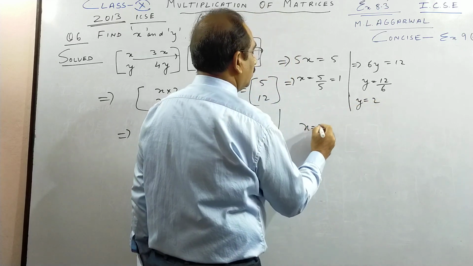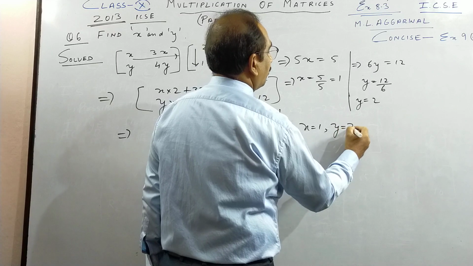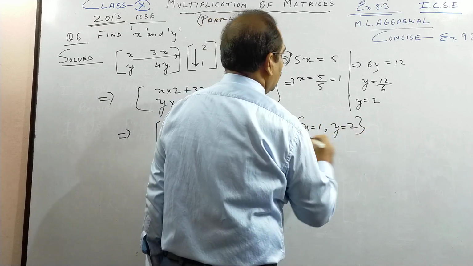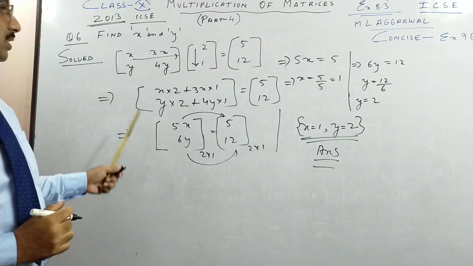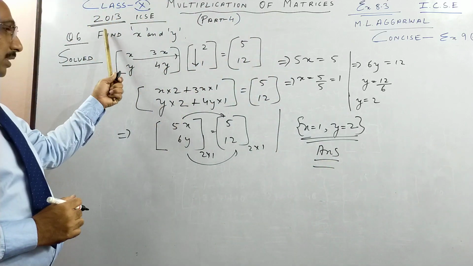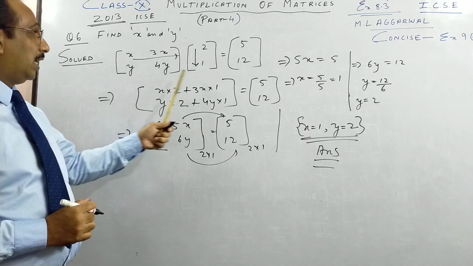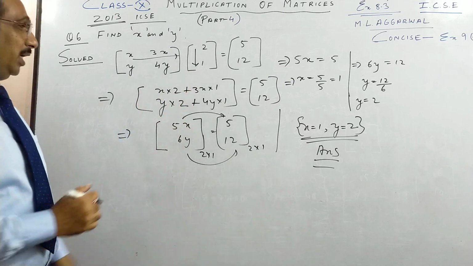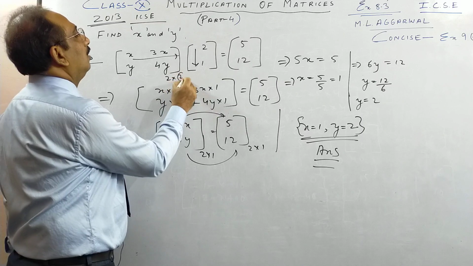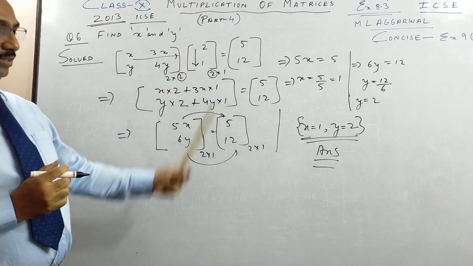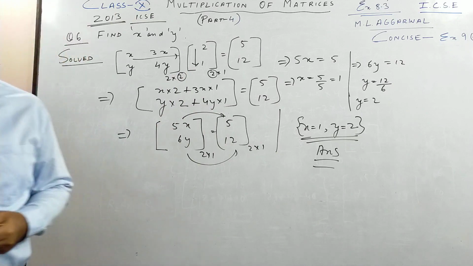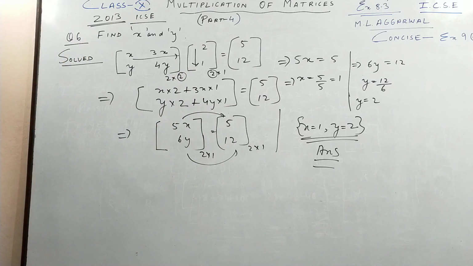Finally, to make the examiner's work easier, you write the answer separately. So here we see a second example, an ICSE question where we had two different orders, but the column of this is equal to the row of the second, hence they are multiplied. So kindly pause the video and copy, then we move on to another important ICSE question.